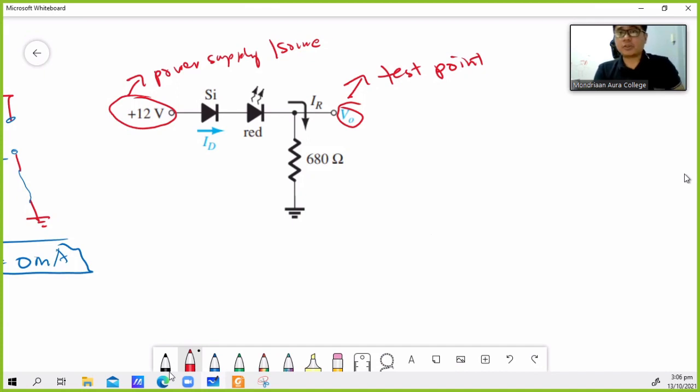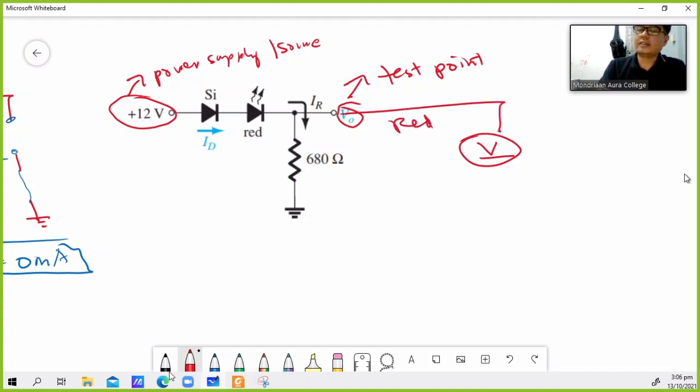Test points are measured with respect to ground. So kung meron akong tester, halimbawa, ito yung aking multimeter, let's say DC, no? Lalagay ko dito yung pula, red test lead, at yung itim ko, nandito sa ground. So that is measured with respect to ground. Okay? So what if I have another test point here? Halimbawa lang.